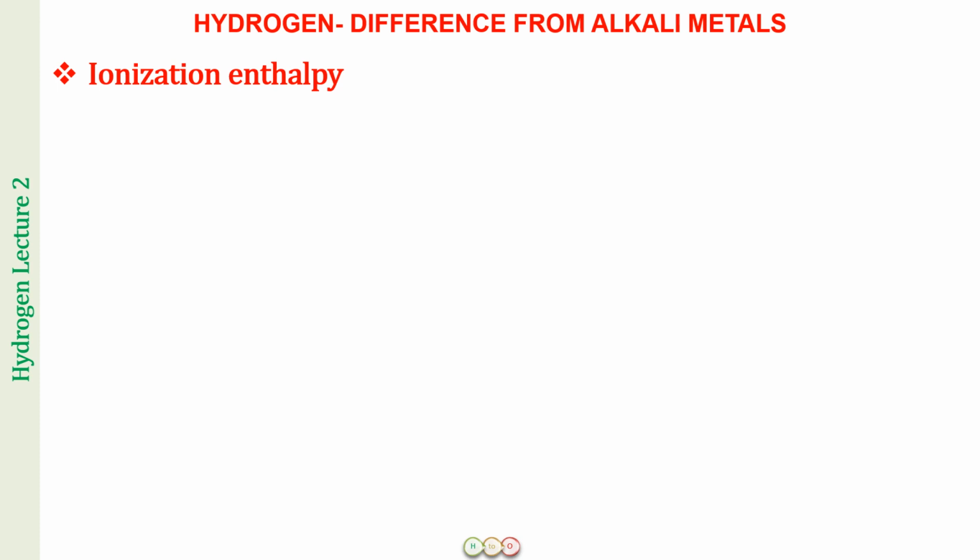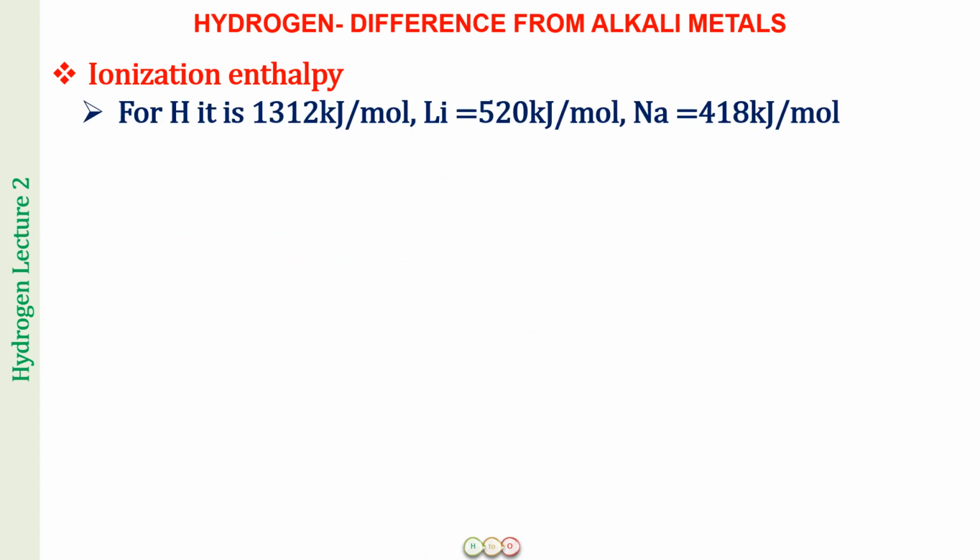But now if I quickly revise that with you, ionization enthalpy is that amount of energy which we require to remove one valence electron from an isolated neutral gaseous atom. So if we look at the values of ionization enthalpy, for hydrogen it is 1312 kilojoule per mole. For lithium, it is 520 kilojoule per mole.